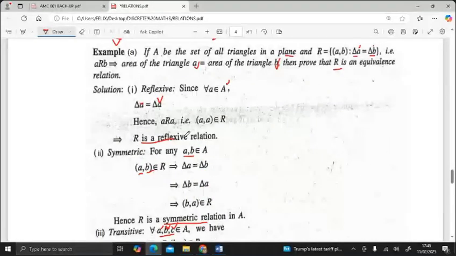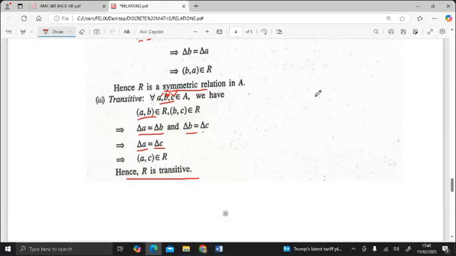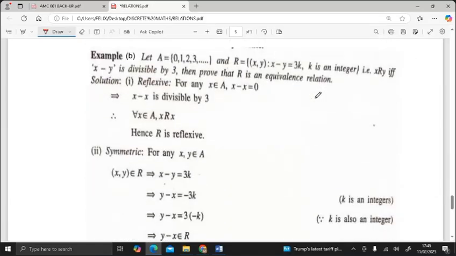Triangle A is equal to triangle B is equal to triangle C. If that is the case, then triangle A must be equal to triangle C. And therefore, A is related to C. That being the case, we conclude that R is transitive. And because R is transitive, symmetric, and reflexive, we say that it is an equivalence relation.